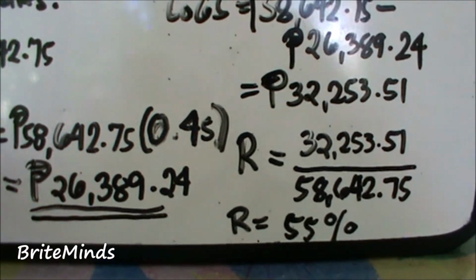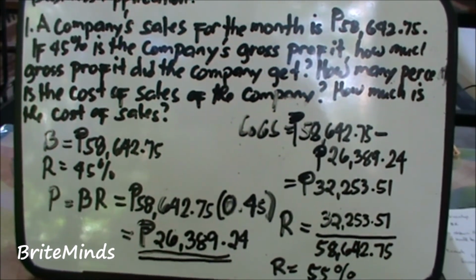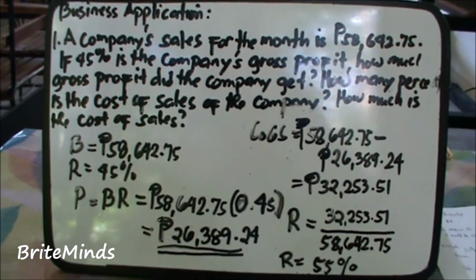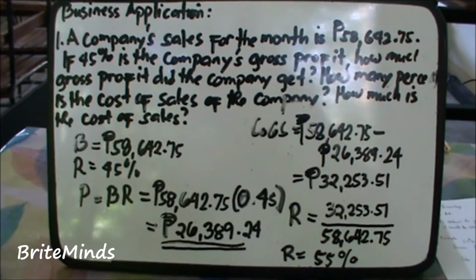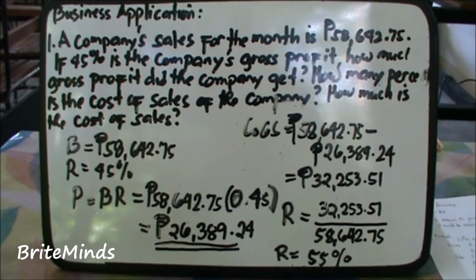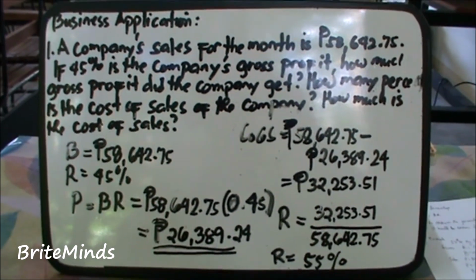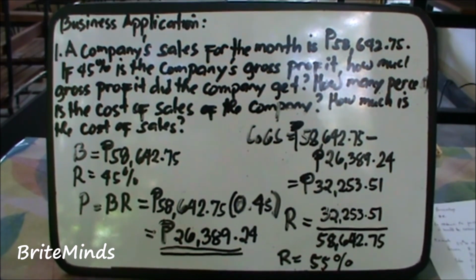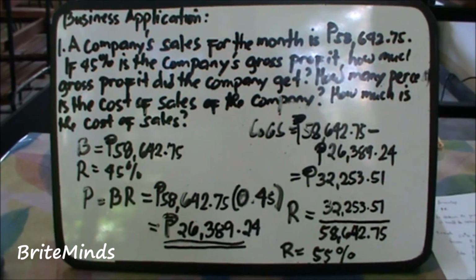So it will be up to you guys which one is easier for you to use, the method that I gave a while ago, or the alternative solution. Always remember to determine first the givens of the problem so that it will be easy for you to solve and compute.